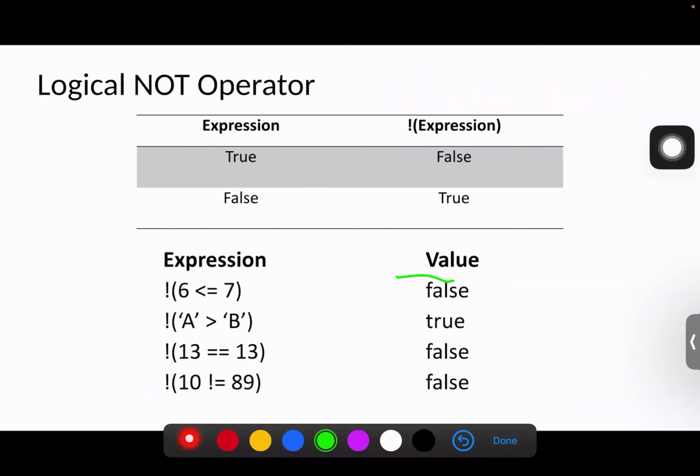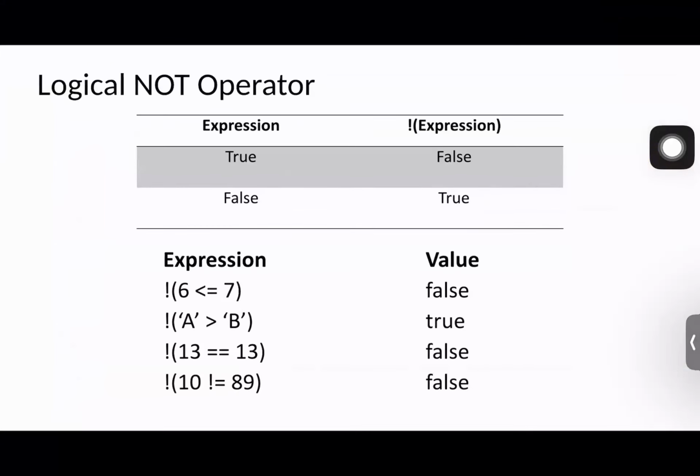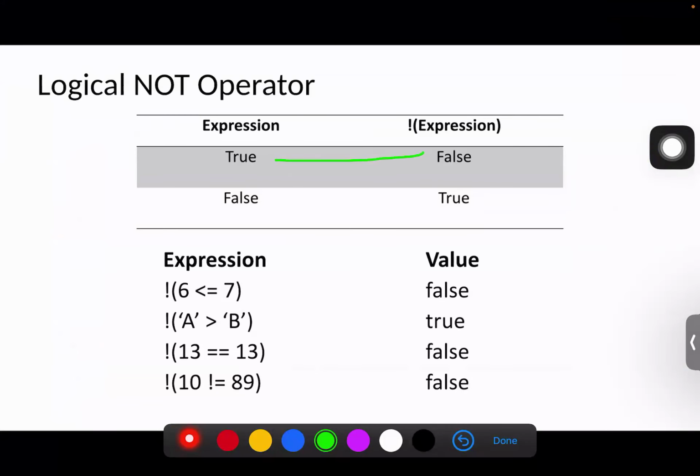So you have over here in the table, when the expression is true, it becomes a false. And when the expression is false, it becomes what? A true, okay? Then over here, let's evaluate the expressions we see.